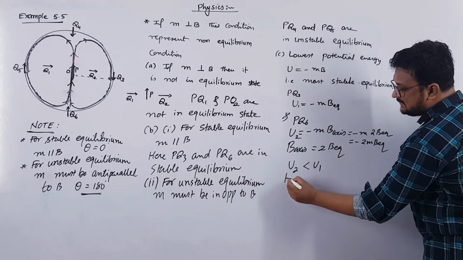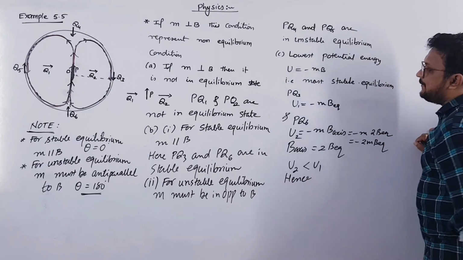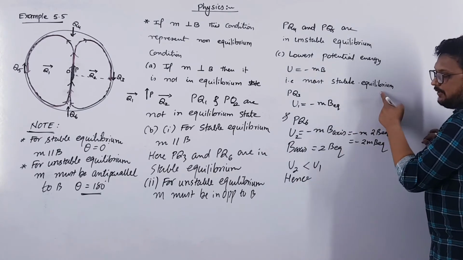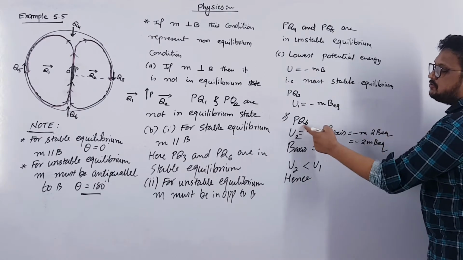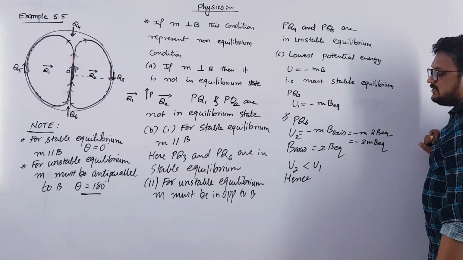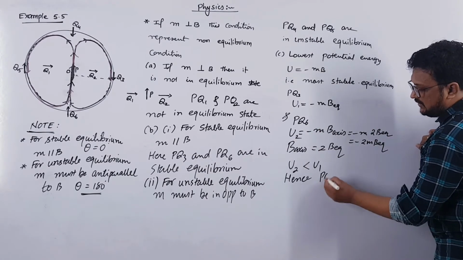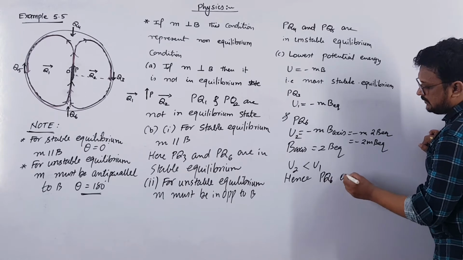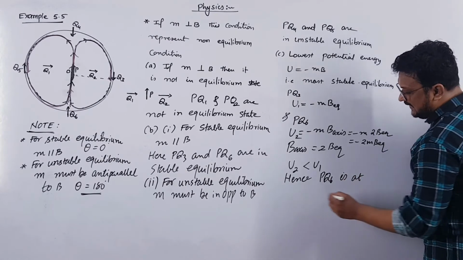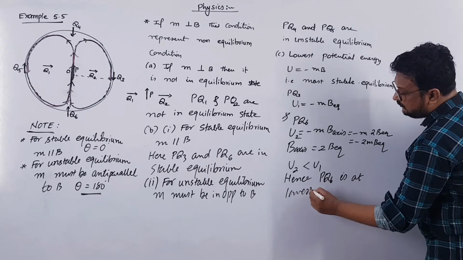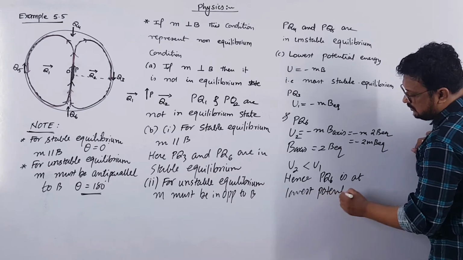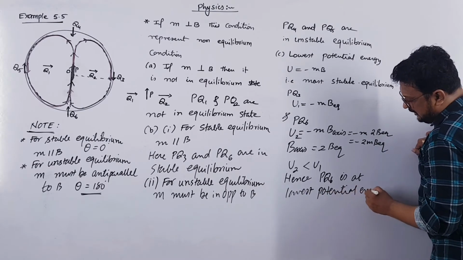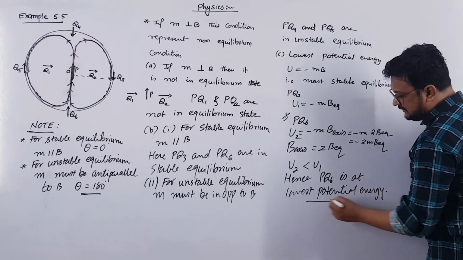So we can say that for the most stable equilibrium, PQ6 is in the most stable equilibrium. Hence PQ6 is at lowest potential energy. PQ6 represents the lowest potential energy.